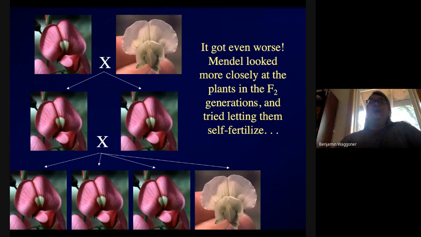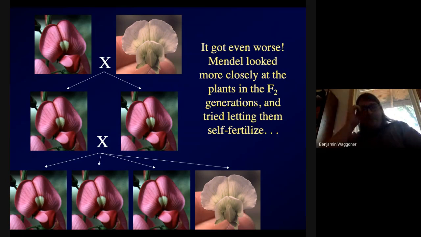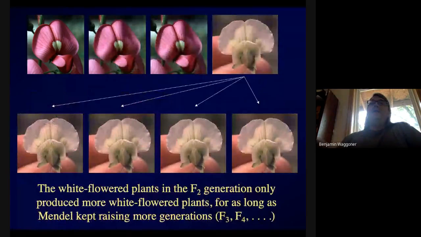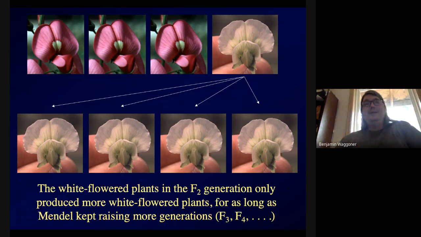Mendel looked more closely at those plants in the F2 generation, and he tried letting those plants self-fertilize. Remember, if you don't do that song and dance with the paintbrush and the scissors, a pea flower will simply fertilize itself. And he found that if you let those white-flowered plants in the F2 generation self-fertilize, all you would get was more white-flowered plants for as long as you wanted to keep raising them.